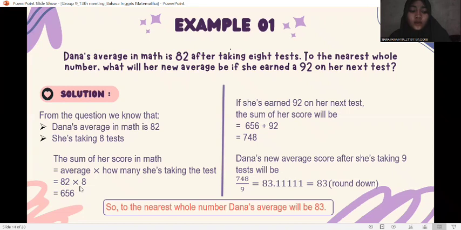So, 82 times 8 equals 656. If she earns 92 on her next test, the sum of her scores will be 656 plus 92 equals 748.